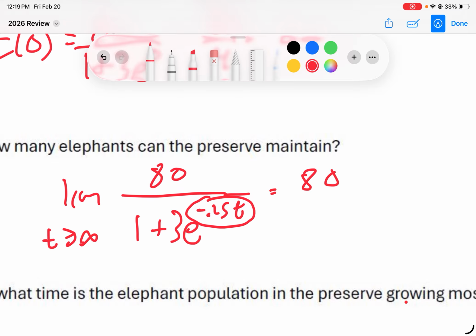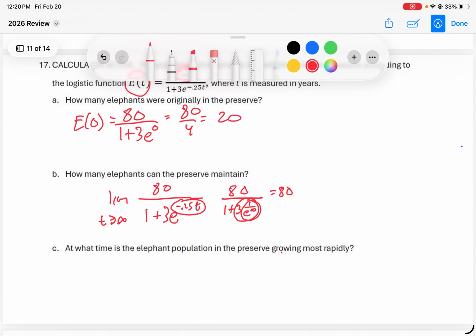Okay, this is bad notation, this is a limit idea. 1 plus 3 times 1 over e to the positive infinity. To get rid of the negative infinity, make it a fraction. This is basically 0, so it would just be 80. So if you didn't know, just think about the limiting value, find the limit as t goes to infinity. It's going to wind up being that top number.